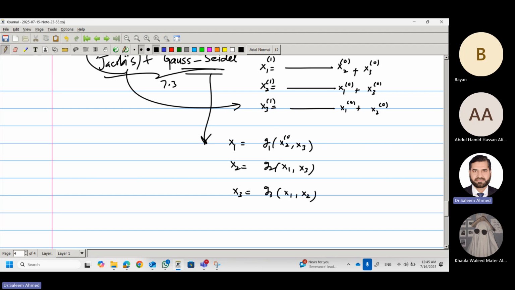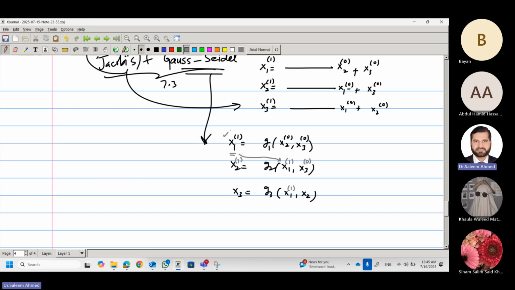Now, if you use the initial guess 0, 0, you get x1. But because you already have a new x1, why use the old x1, 0, here? Why not use the new x1? Here you see, I used the old x1. I did not use the new one. But x3 is still old, so it will remain like that. Now it gives you x2 at 1. Now you see x1, you have the new one, and x2 also you have the new one.